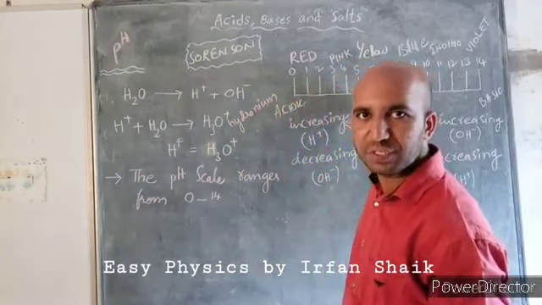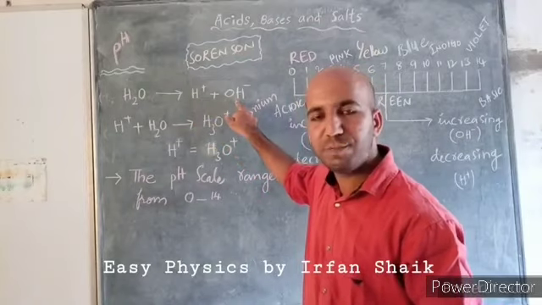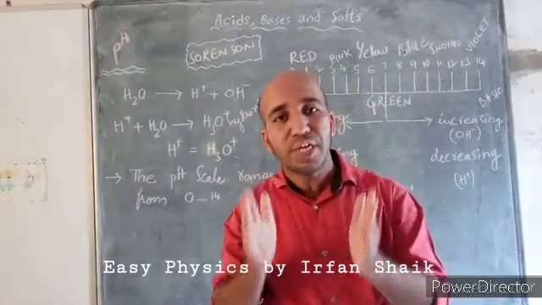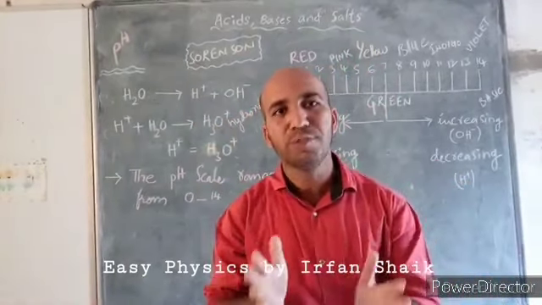And in the solution having 7 pH value, the hydrogen ion concentration is almost equal to the hydroxyl ion concentration. That means H plus ion concentration and OH minus ion concentration are almost equal in neutral solutions. That's why in water the hydrogen ion concentration equals the hydroxyl ion concentration. As the pH value increases from 7 to 14, the hydrogen ion concentration decreases and the hydroxyl ion concentration increases.